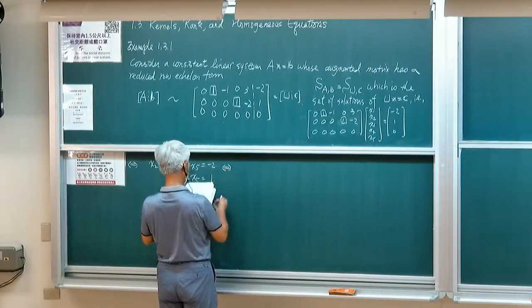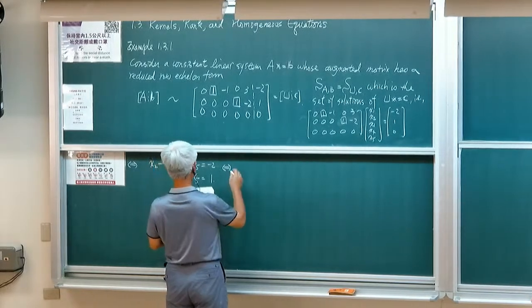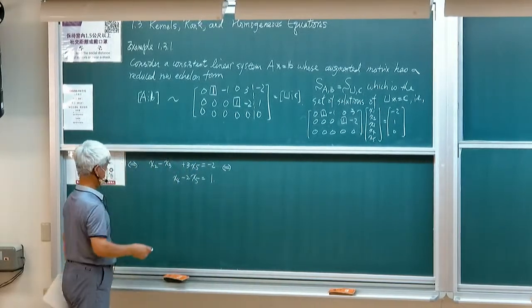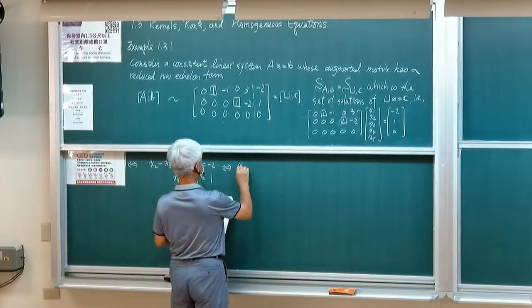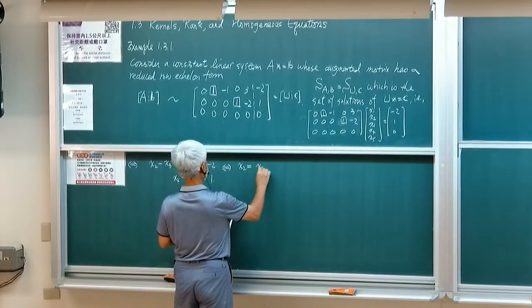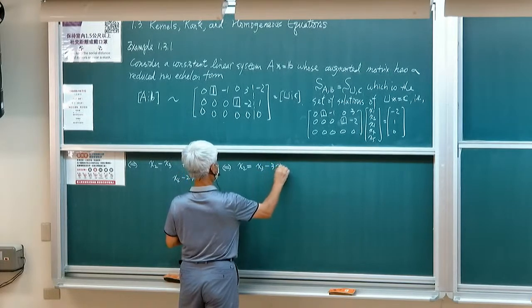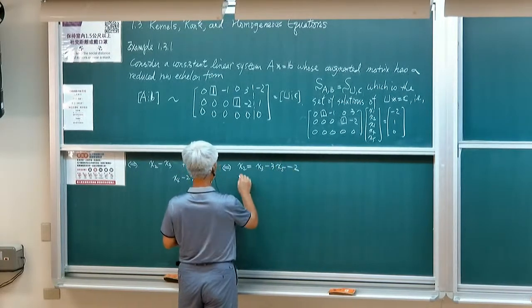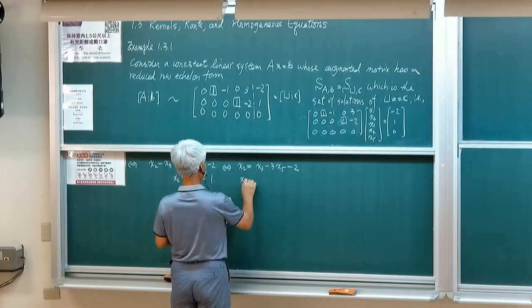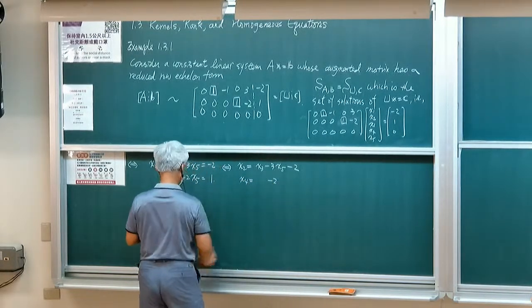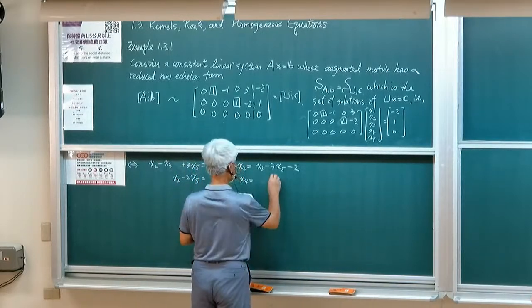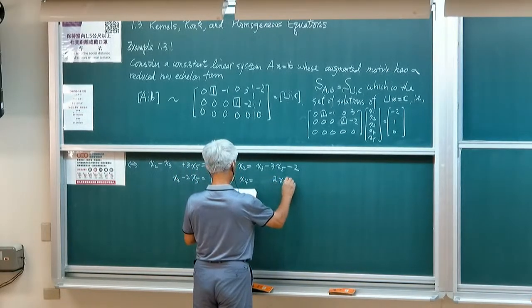So that we can solve. Now, from here, we can express x2 as x3 minus 3x5 minus 2, and x4 is equal to 2x5 plus 1.